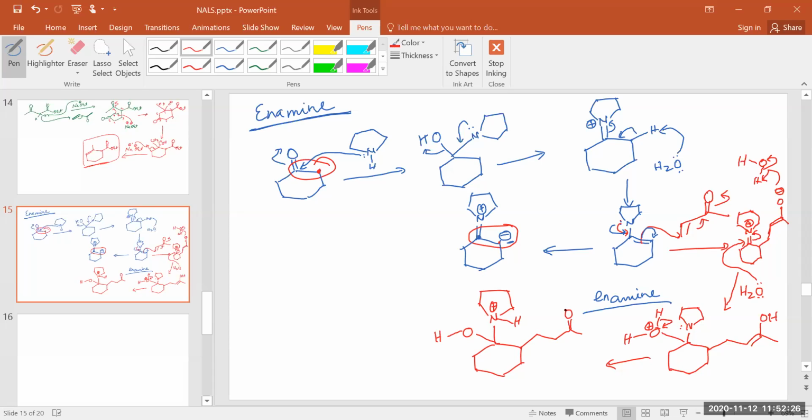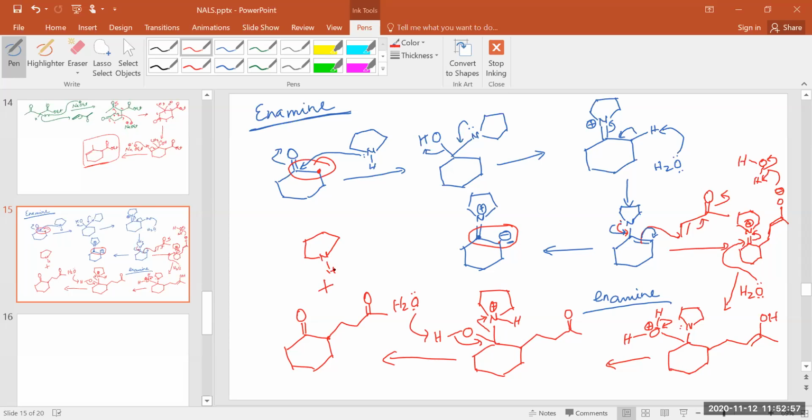The next step, the water molecule can take this proton, this will come here, and this will leave. So the product will be like this, and the pyrrolidine will be regenerated.